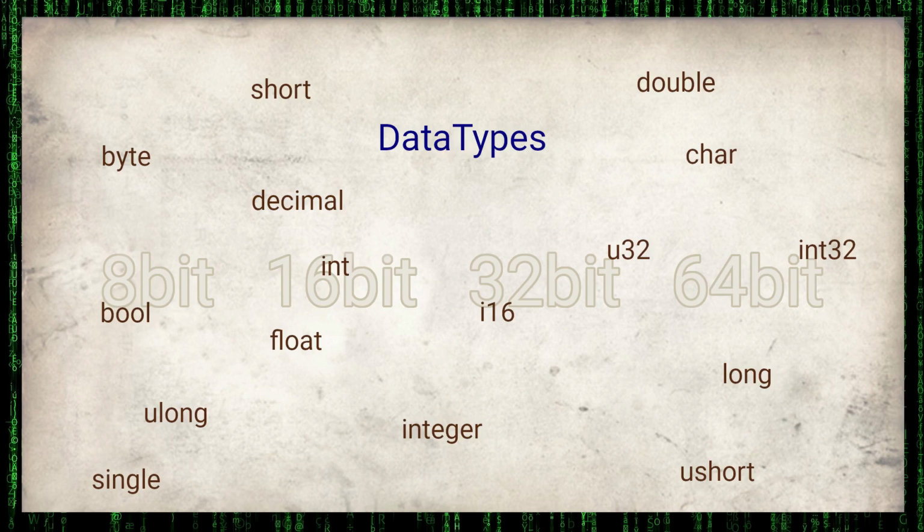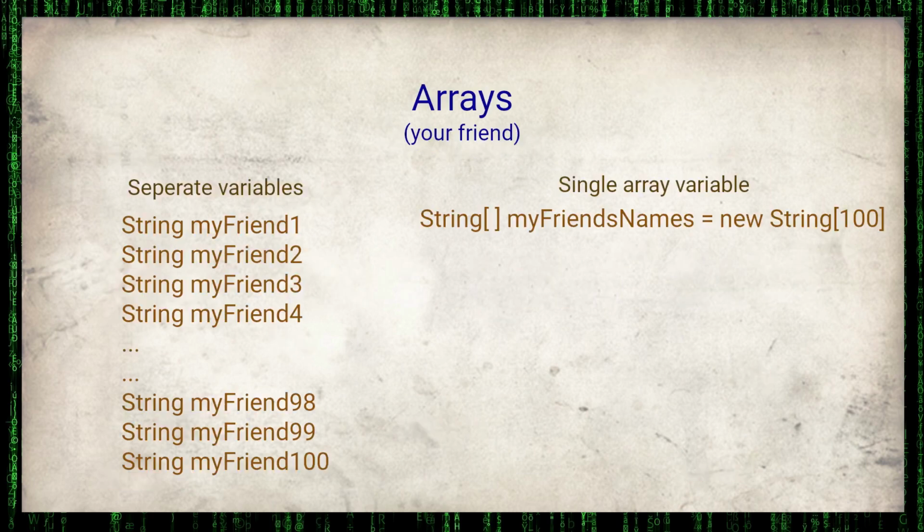Then another construct when it comes to variables is the idea of an array. An array is basically, in one go, declaring many variables to hold data. So in other words, let's say you know that you've got 100 friends, and you would like to put all of them into your program for whatever reason.